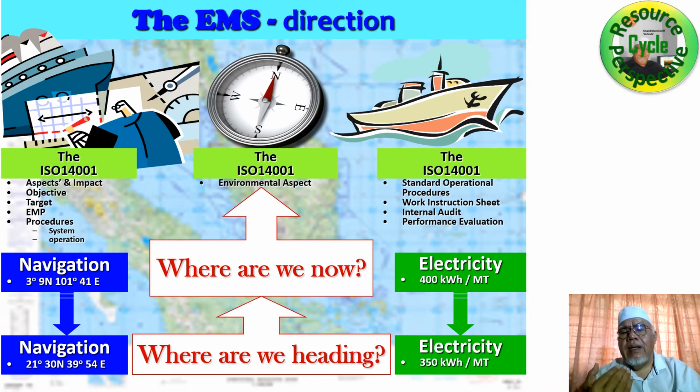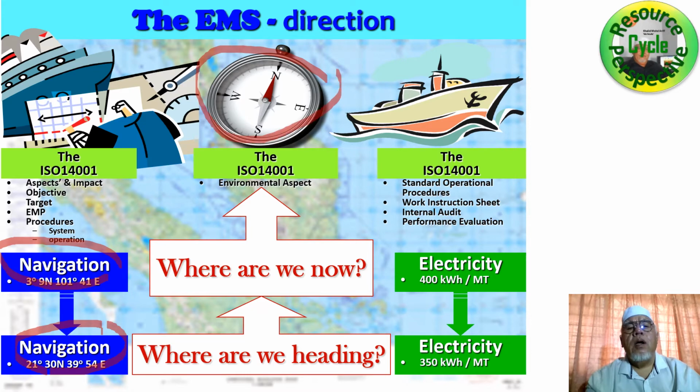That is the destination that we have got to bring our company to in terms of environment. It's just like a ship sailing: they've got to know where they are now and where they are going by having a navigation tool. And the most popular navigation tool is the compass.